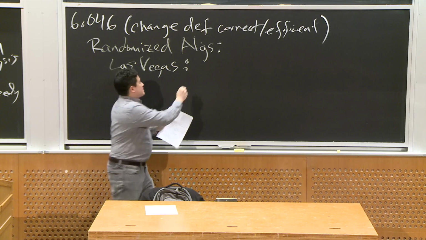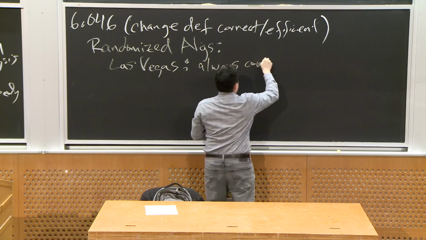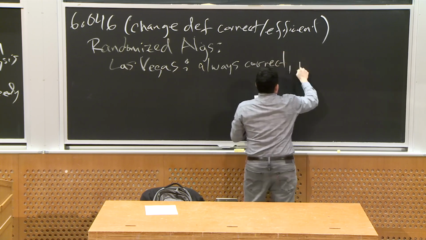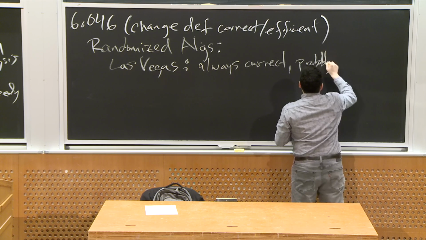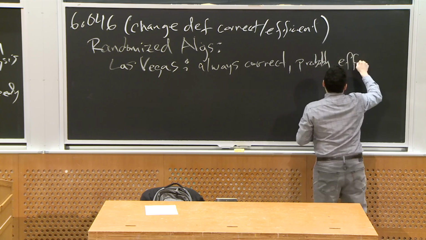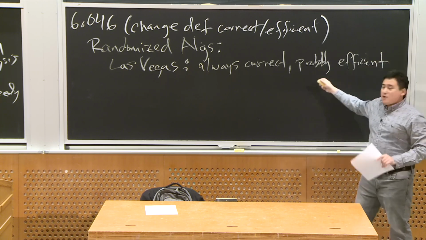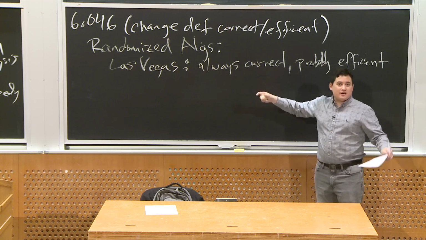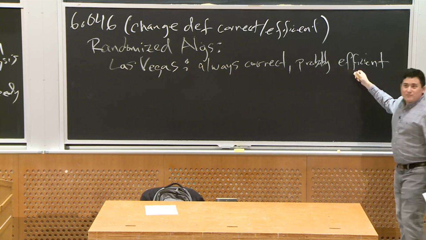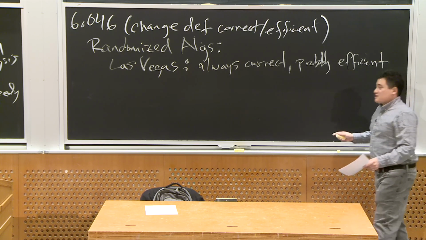These are always correct, but probably efficient. In a sense, that's what hashing is, right? I'm always going to give you the right thing, whether this thing is in my set or not. But some of the time, it's inefficient, right? I have to look through a chain of length that's linear in the size of the things that I'm storing.